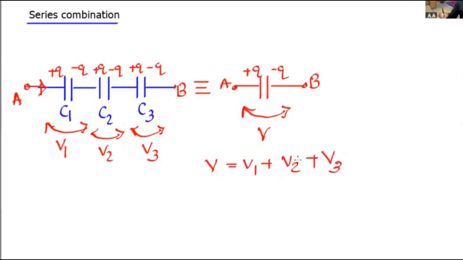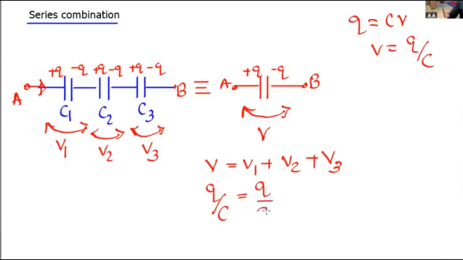Okay, then V equals V1 plus V2 plus V3. We already know Q equals CV, then V equals Q over C. Here V equals Q over C, where C means the total capacitance, V1 equals Q over C1, V2 equals Q over C2, V3 equals Q over C3. The Q is equal for each term.